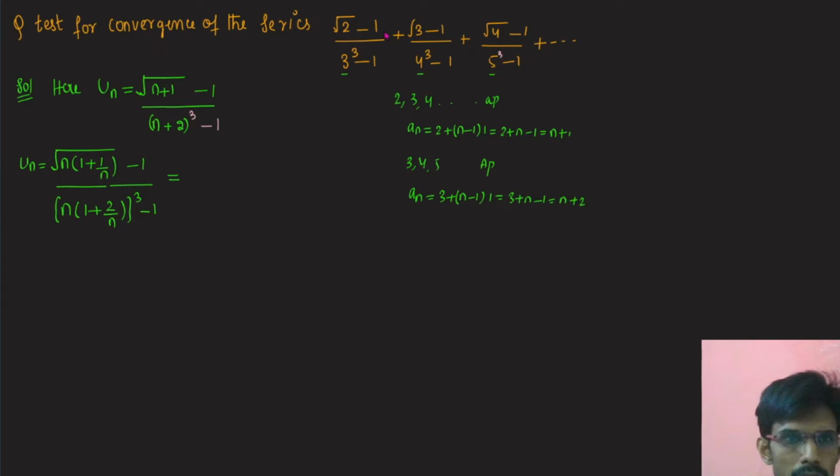Now separate this root, we have root n into root 1 plus 1 by n, separating the roots, minus 1 upon, we separate this power n cube into 1 plus 2 by n whole cube minus 1.